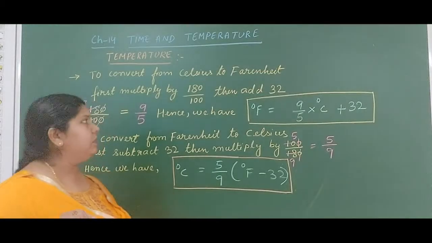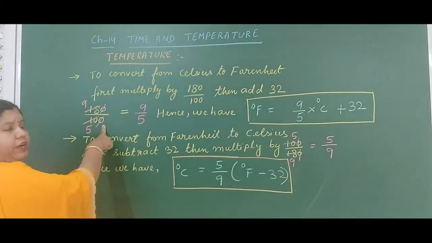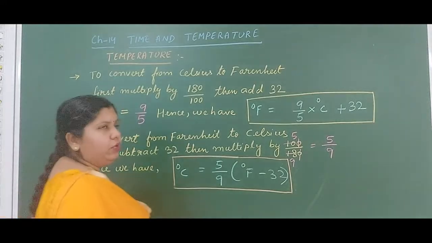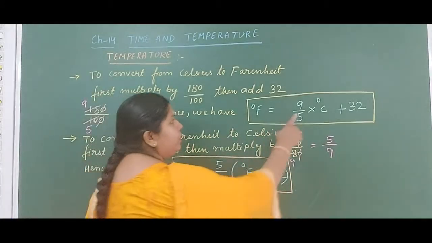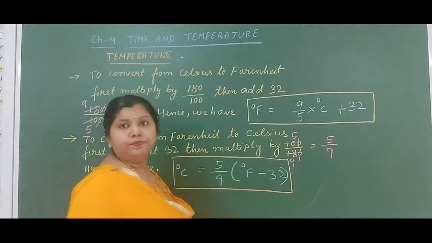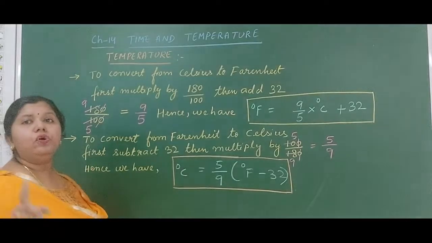We can reduce 180 by 100 to its lowest term, that is 9 by 5. So degree Fahrenheit equals 9 by 5 into degree centigrade, first multiply and then add 32 to it. This is the formula to convert from Celsius to Fahrenheit.